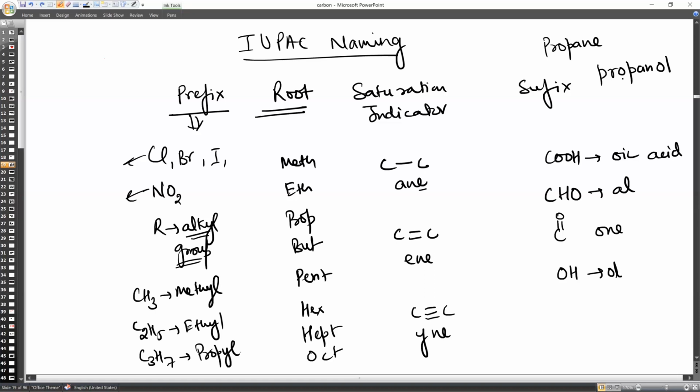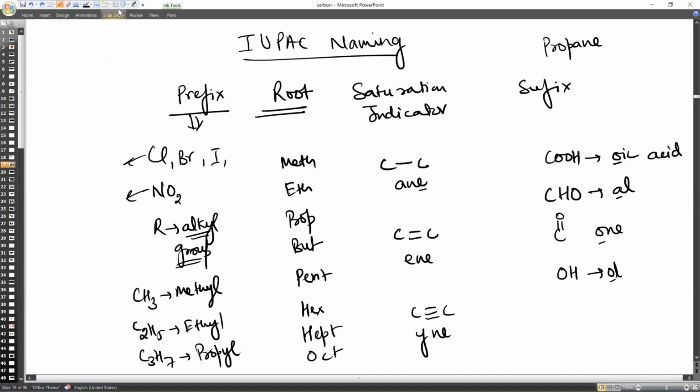First we have a vowel, then a consonant. There is no rule for writing two consecutive vowels in English. So since these all start with vowels, we remove the e in order to write the IUPAC names.